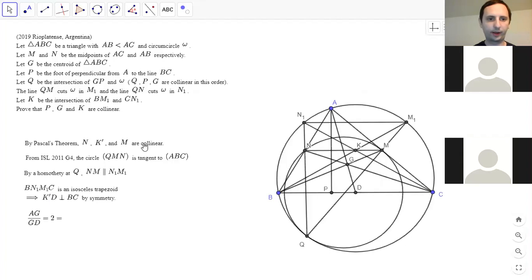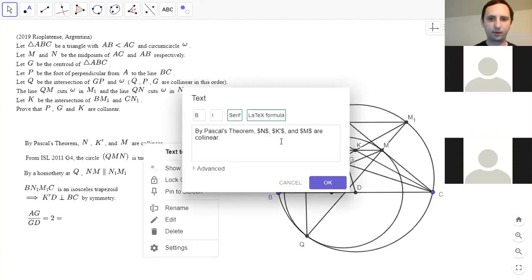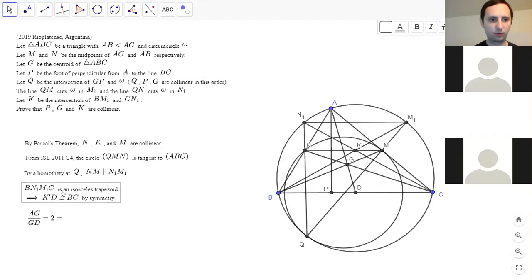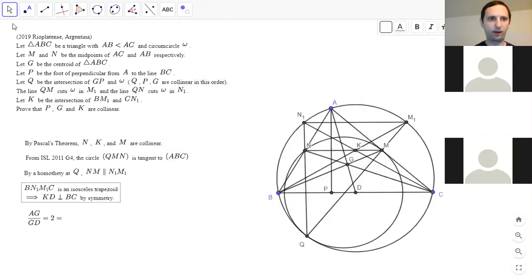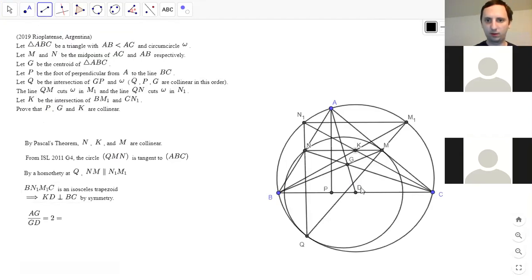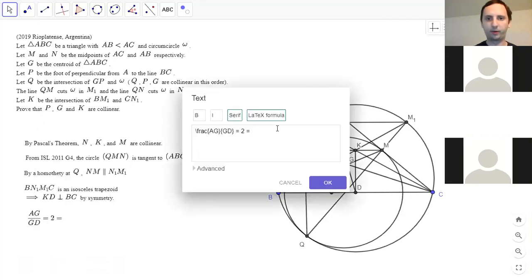So let me change all my K primes to Ks. Make that a K. And then it is equal to AP over KD.